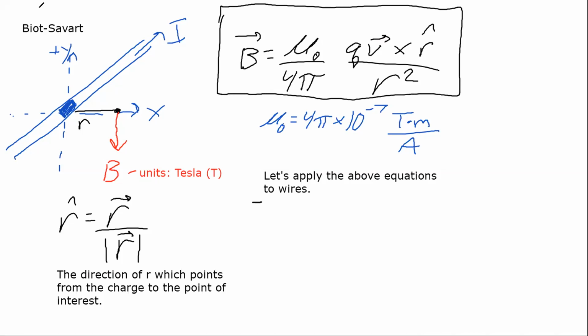Remember what current is. Current is just the flow of charge per time, so Q over T. And V is just length over time, distance over time.